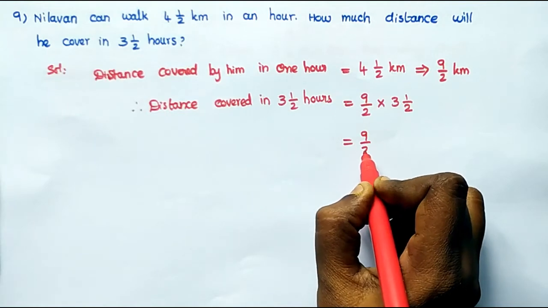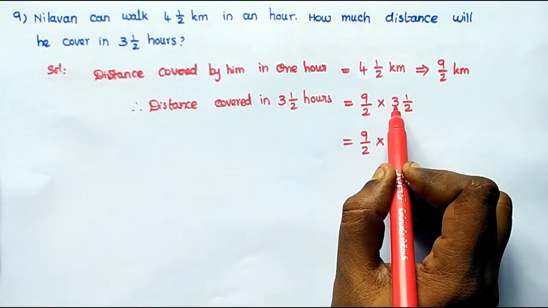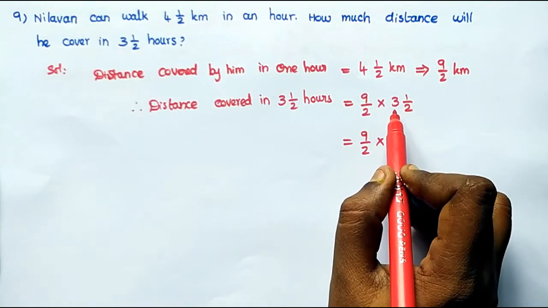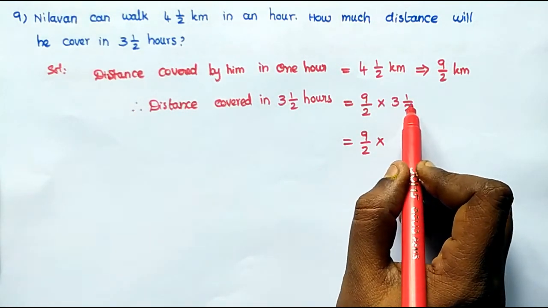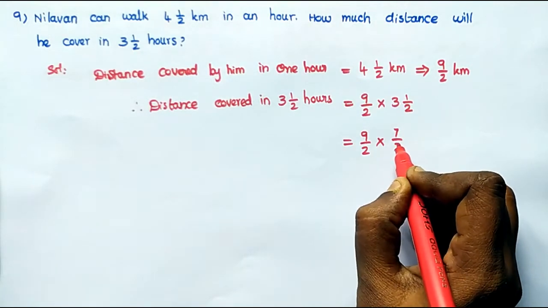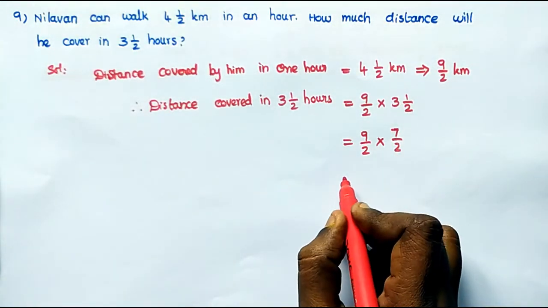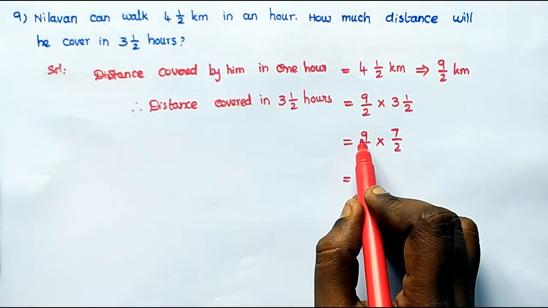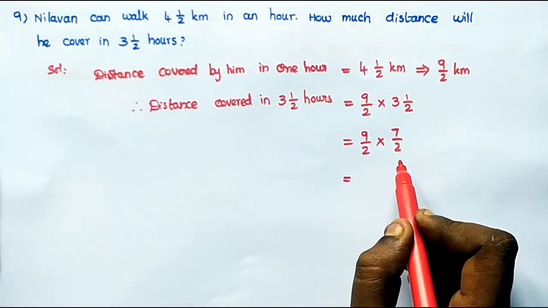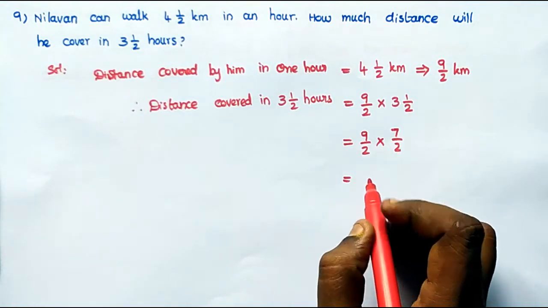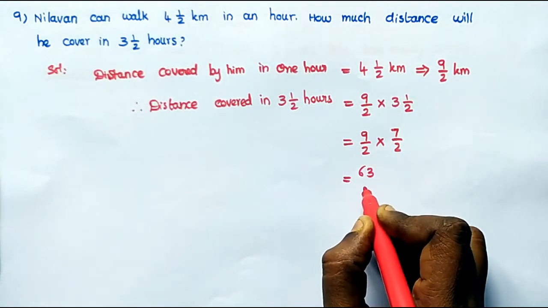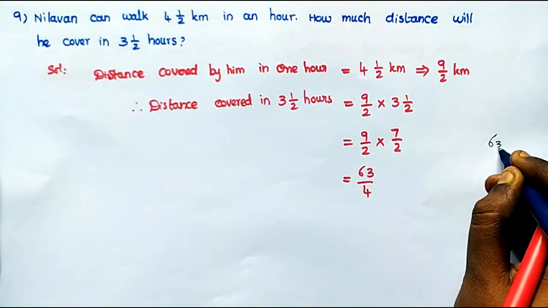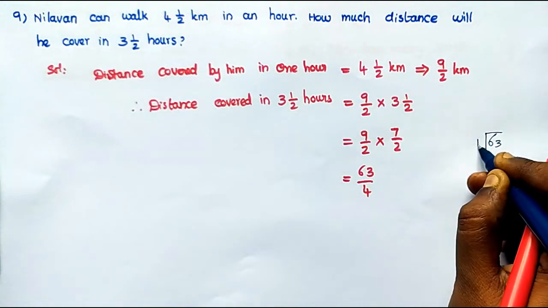So 9 by 2 into 3.5. This is also a mixed fraction, so we have to convert into improper. 3 2s are 6 plus 1, 7 by 2. Is any cancellation there? No. So multiply the numerator with numerator and denominator with denominator, we get 9 7s are 63 divided by 4. 63 divided by 4.